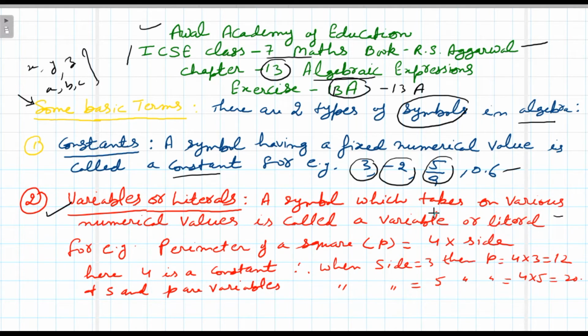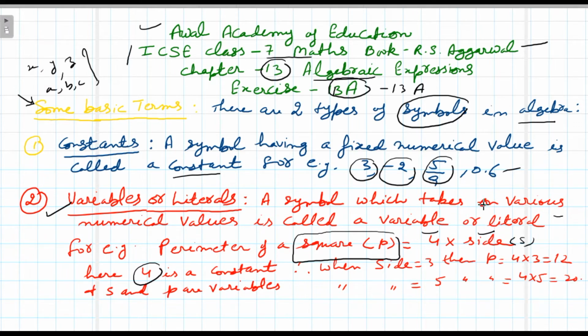For example, if we consider the perimeter of a square that is denoted by P, its formula is 4 into side, right? So here 4 is a constant, and this side is small s.